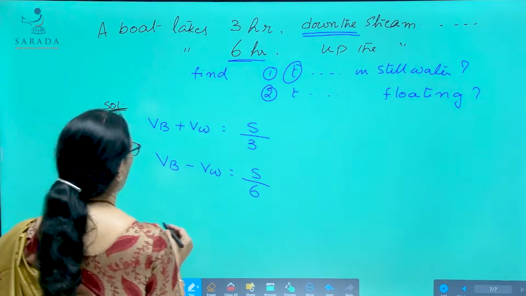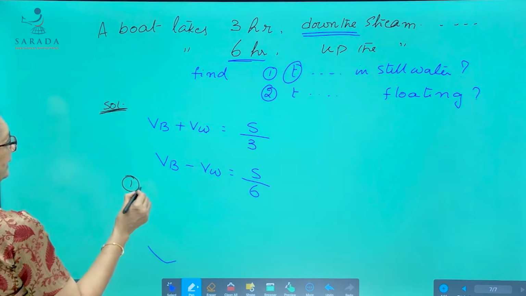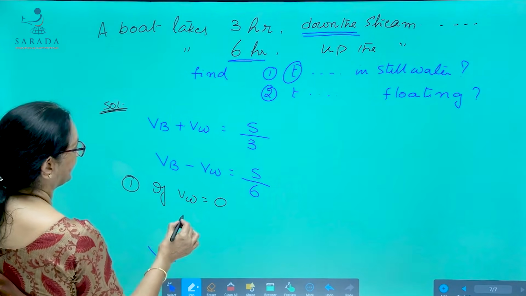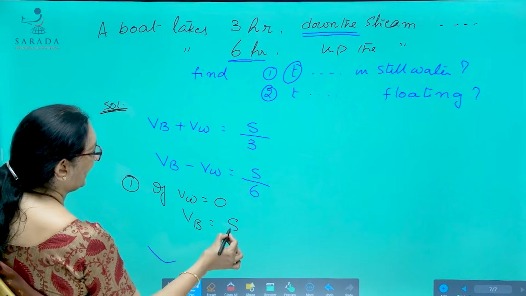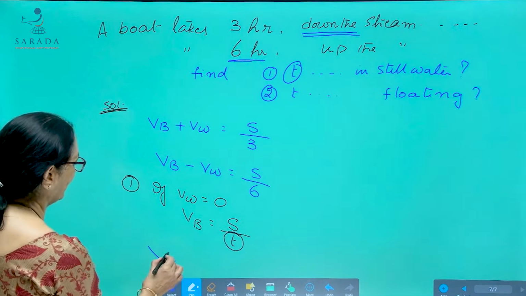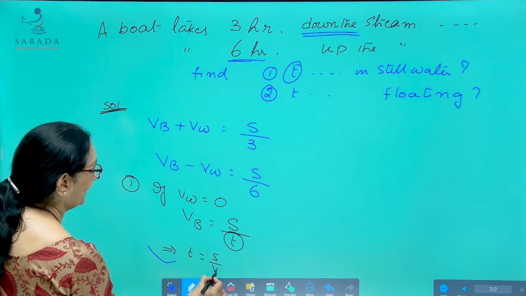So, suppose the water velocity VW is 0 in still water. Then VB is the speed for the same distance, and the time is asked. So, you are asked to find S by VB.